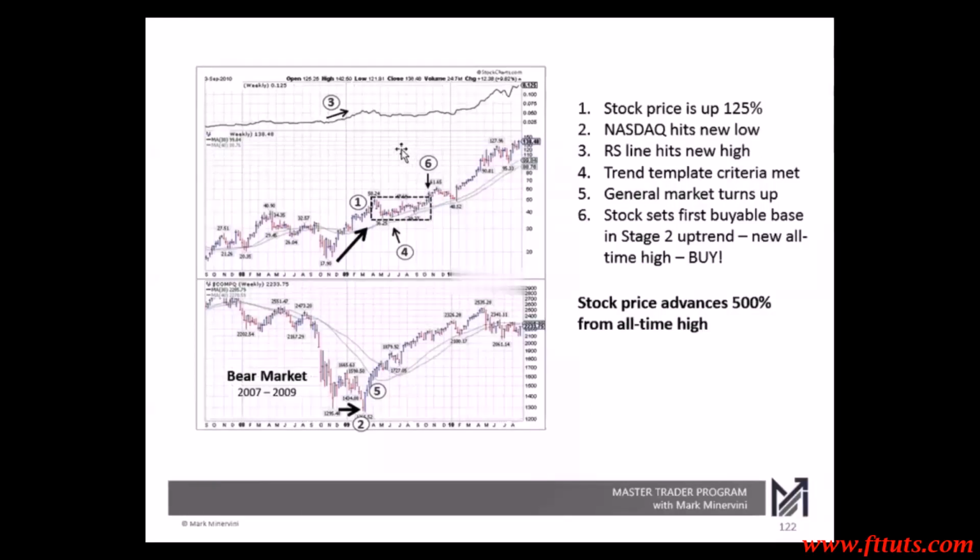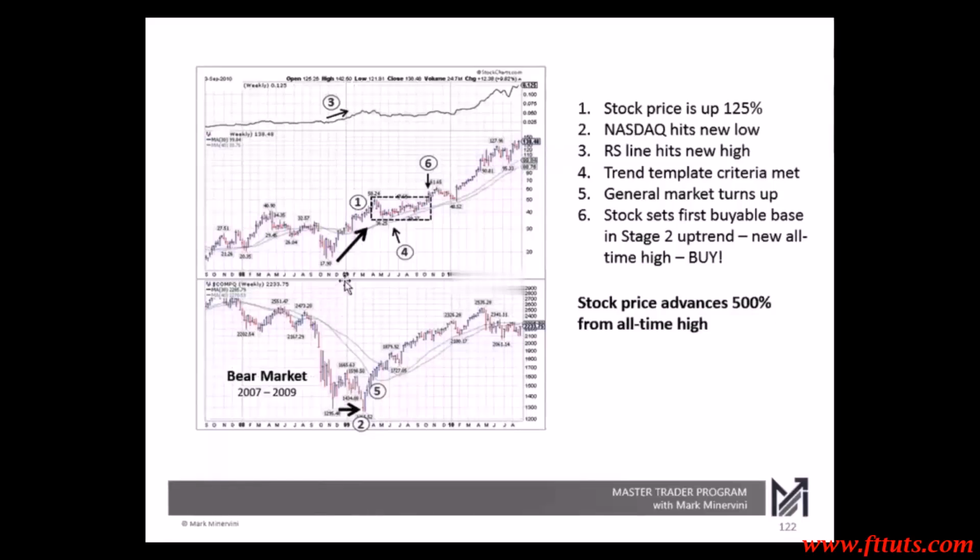You'll see that the relative strength line goes flat here, and it doesn't go into new high ground with the stock price. But what can happen is when you come off of a bear market low and you get a stock that's really strong early on, as the market is rolling over, the stock is moving up big, and you have this huge RS, this huge outperformance.